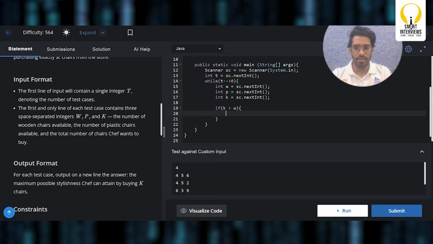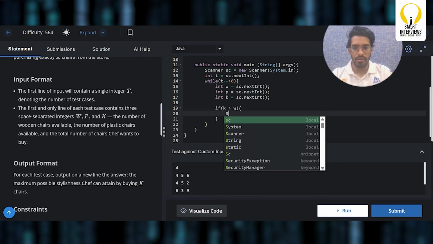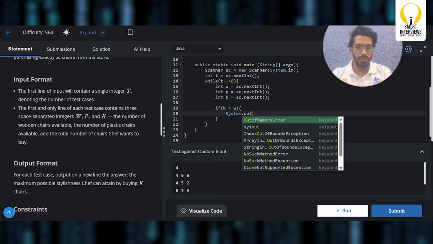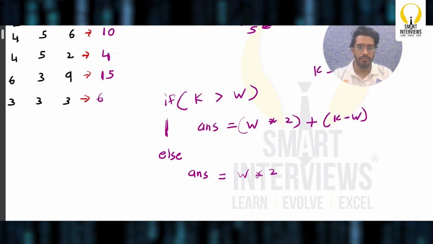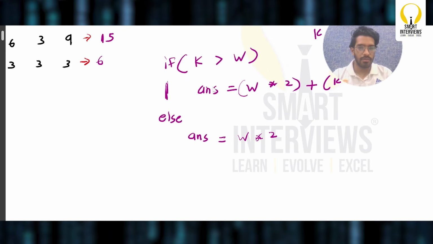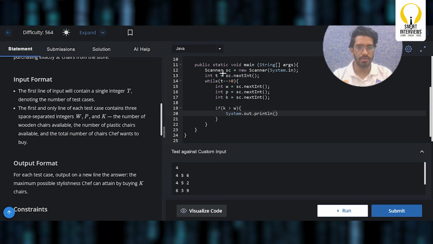Now definitely we will write here System.out.println. From the formula that we got, can I say this is the formula which works for this solution? Yes.